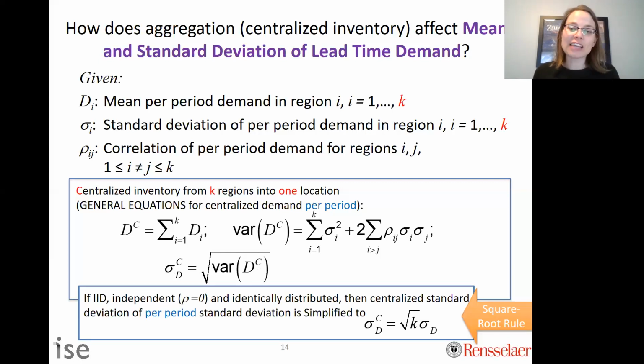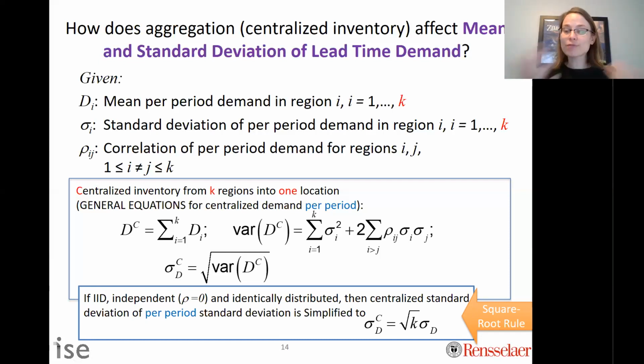One thing to note is that the previous example is a general equation. If you have the special case where it's IID, meaning independent and identically distributed, that means you have independent regions, but you also have that the demand from each region is the same distribution with the same parameters. So in our case, we did have IID. That's because they are all independent regions.